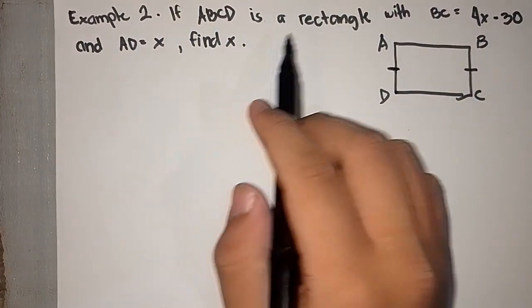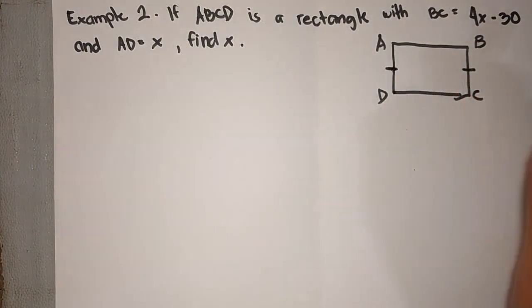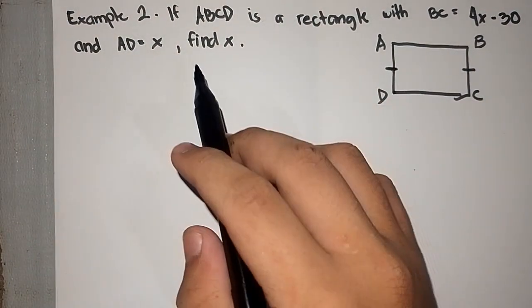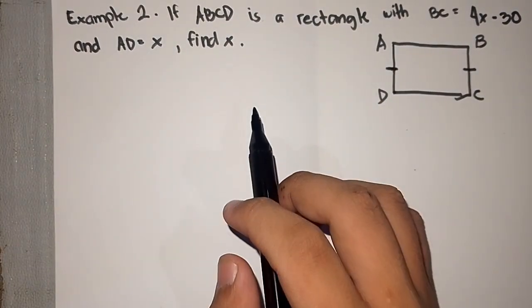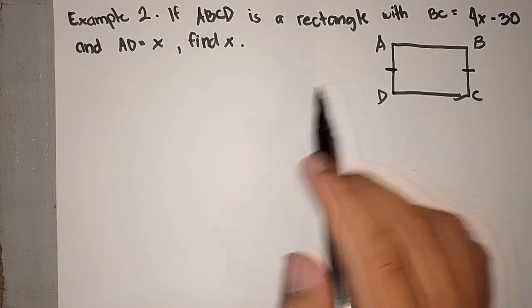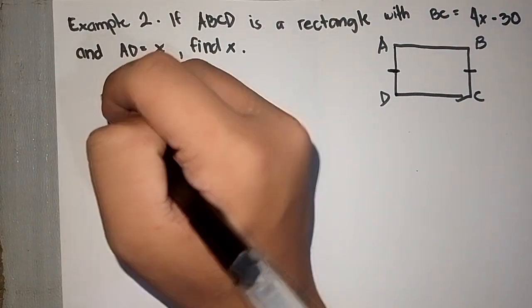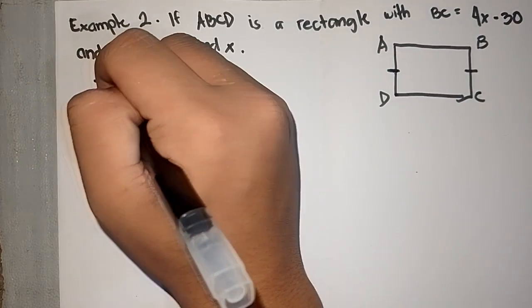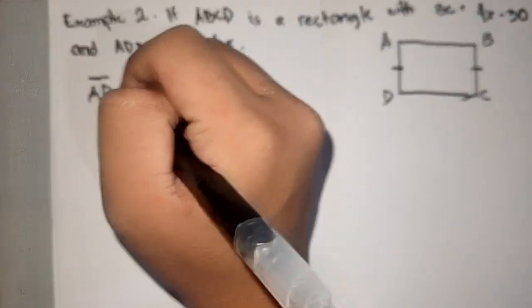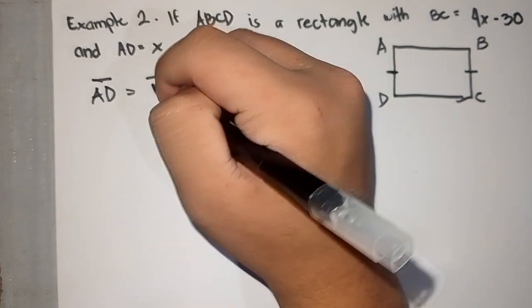If ABCD is a rectangle with BC equal to 4x minus 30 and AD equal to x, find x. In the properties of the rectangle, the opposite sides are congruent. So side AD is congruent or equal to side BC.